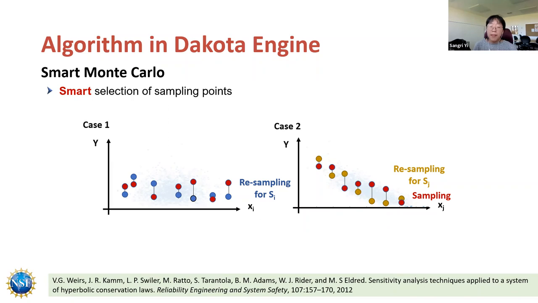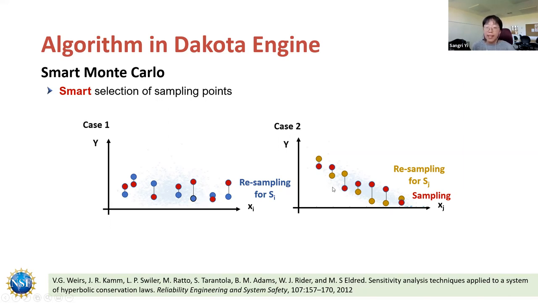For example, you can directly compare the correlation between the initial sample set and the resampled sample sets. In case one, they will not show much correlation, which indicates that there is no trend.